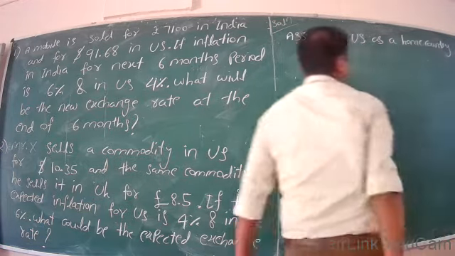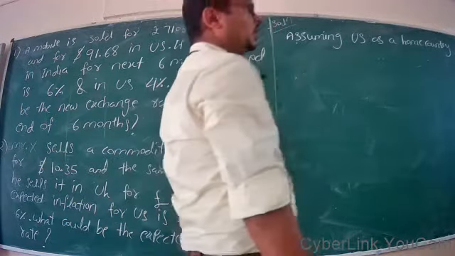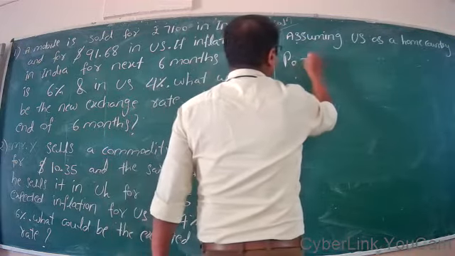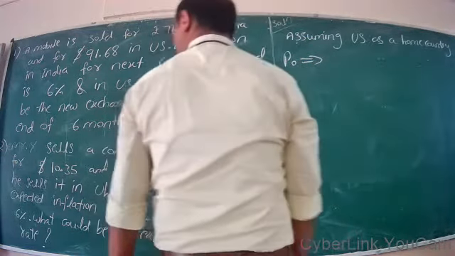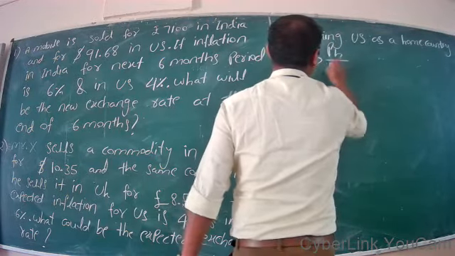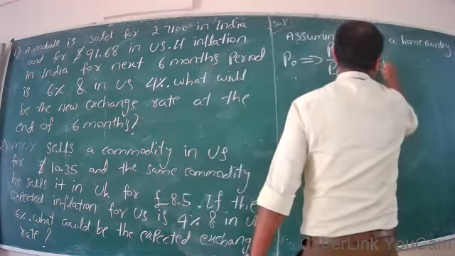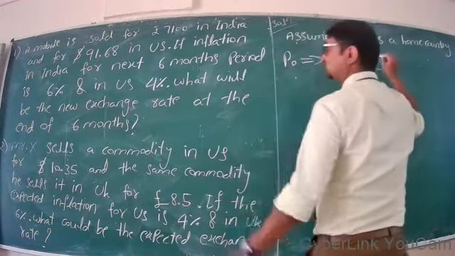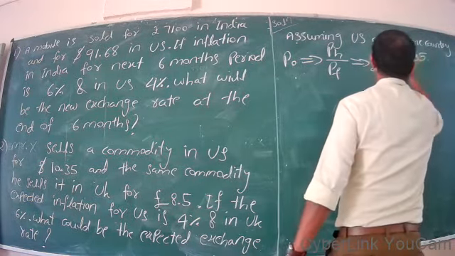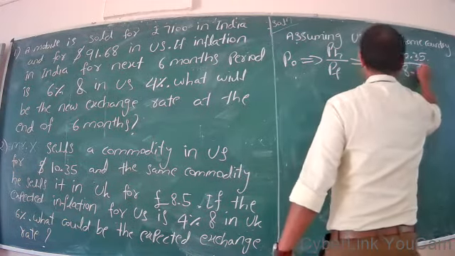You can solve this type of problem in either way. Assuming the US as the home country, or the US dollar as the home currency, you have to calculate P0, that is, the old exchange rate or spot rate. So the price in the home country divided by the price in the foreign country: 1 sterling pound is equal to the price in the US, 10.35, divided by the sterling pound price, 8.5.